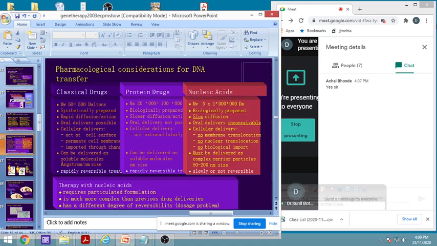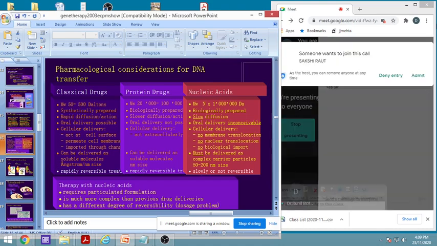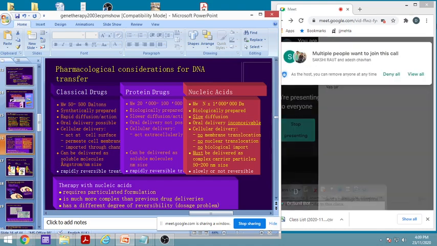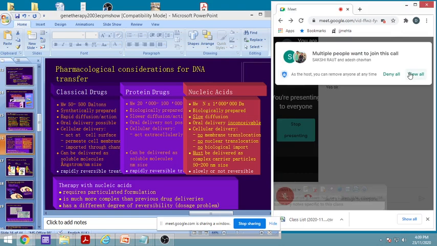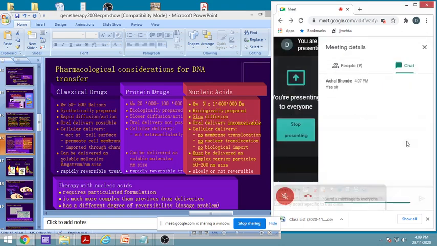We have also seen the considerations for DNA transfer: the molecular size of various classical synthetic drugs, the molecular weight or size of protein drugs, the molecular weight of nucleic acids, and accordingly how it can be delivered, whether orally or only parenterally. These are various things which we have discussed.